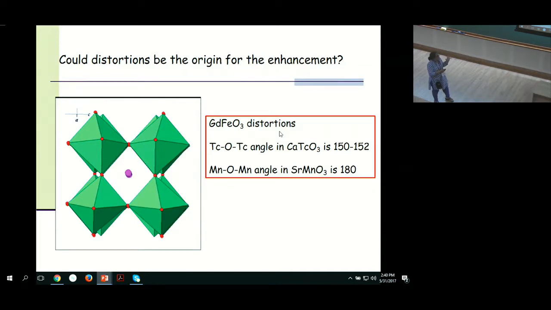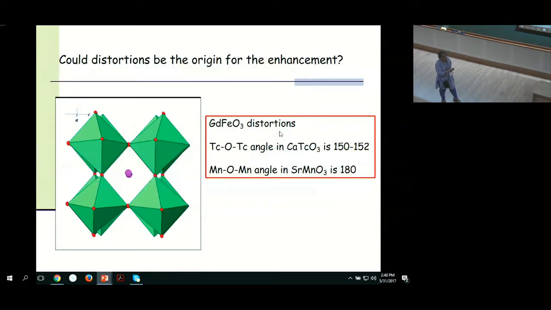A typical distortion in these materials is that the transition metal oxide octahedra tilt for various reasons, which I won't go into now. As a result, the transition metal, oxygen, transition metal angle deviates from 180 degrees in the ideal case, when you had an ideal cube.